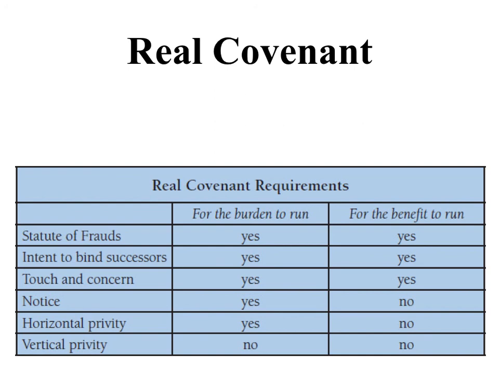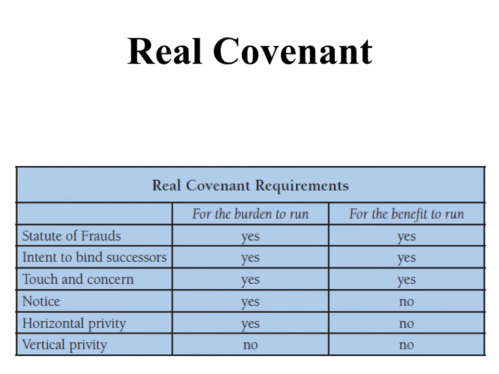At common law, vertical privity was required. Vertical privity has to do with the original parties to the covenant. And it requires that the successor receive the entire estate that the original party had.